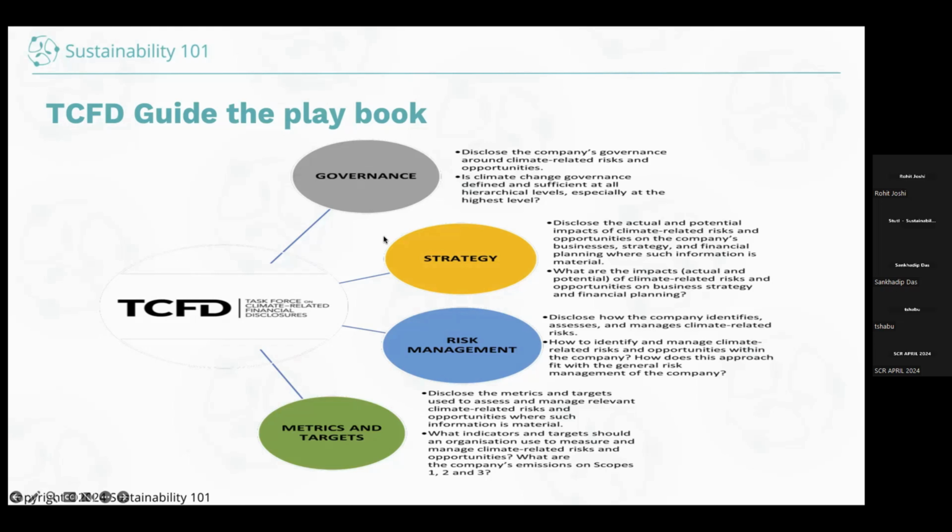How are you going to do this? Actual and potential in the future on the businesses. You are only going to do this by building various reference scenarios and telling that in this scenario, my business strategy is going to be this. In this scenario, my business strategy is going to be this.